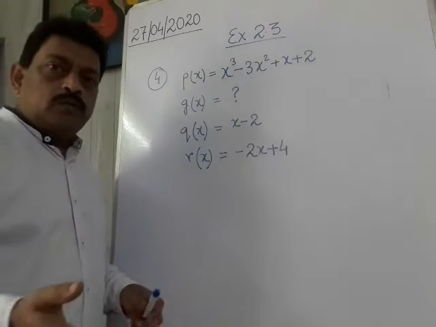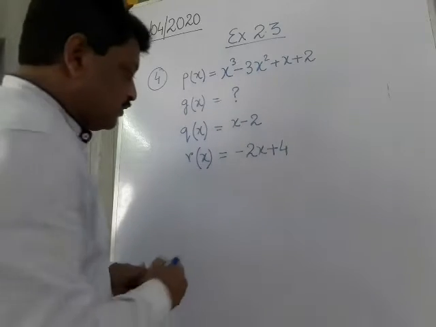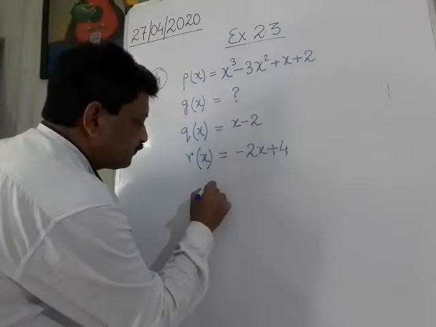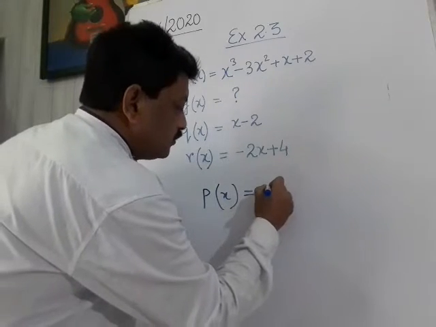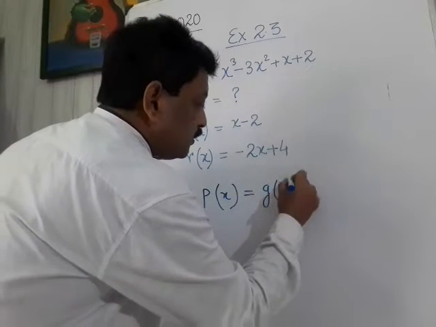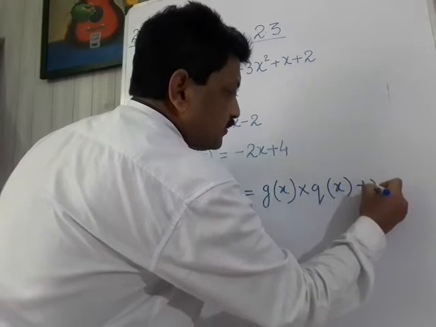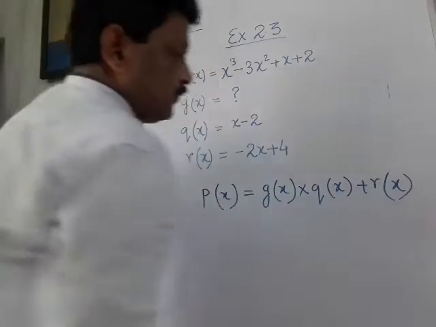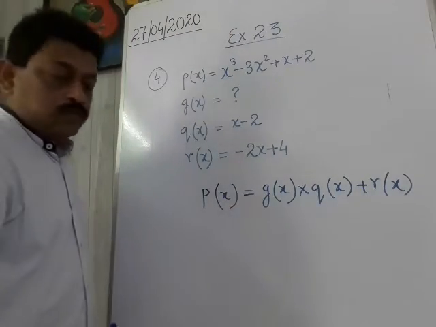Now we all know, actually we had done in class 9, the division algorithm. The division algorithm is p(x) equals g(x) into q(x) plus r(x). This is done in chapter real numbers also.